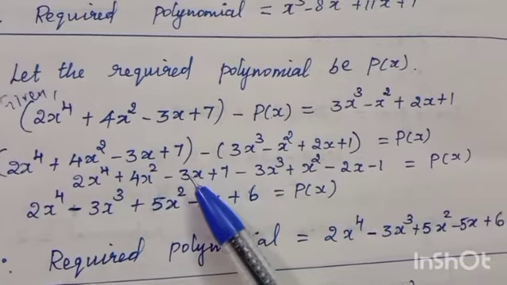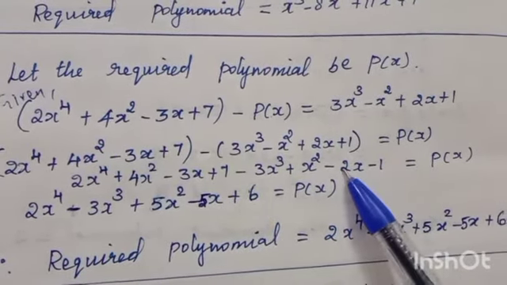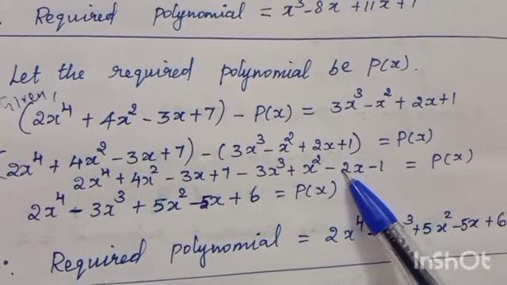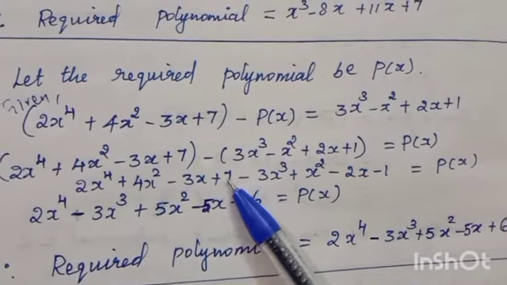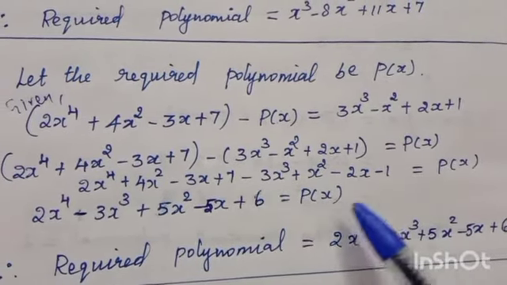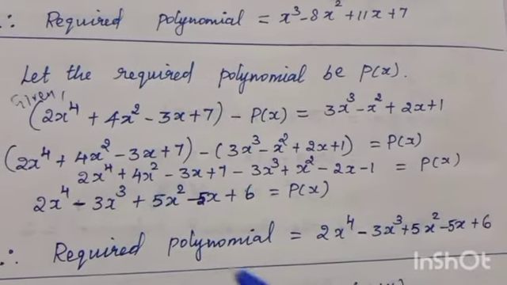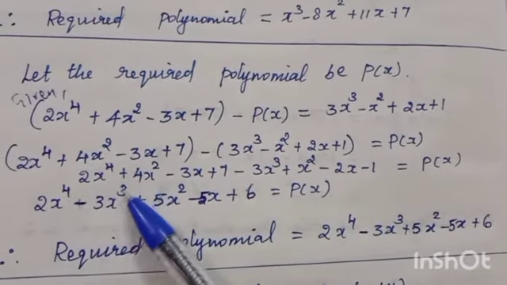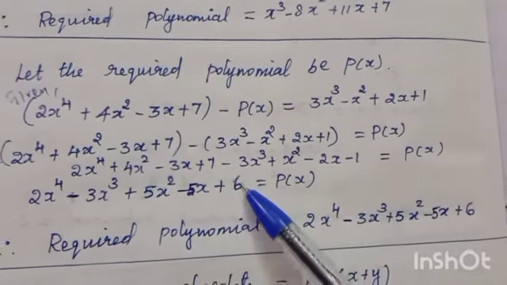Next the x terms, minus 3x minus 2x, the same sign, so we add, minus 3 minus 2, that is minus 5x. Now the constants, plus 7 minus 1 becomes 6. That is equal to p of x. Therefore the required polynomial is 2x power 4 minus 3x cube plus 5x square minus 5x plus 6.